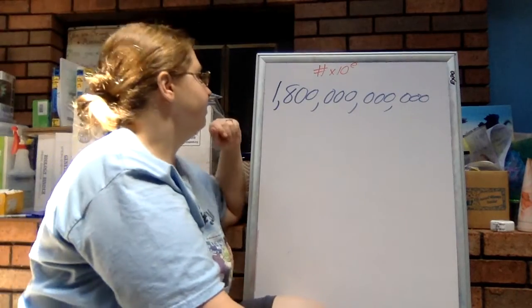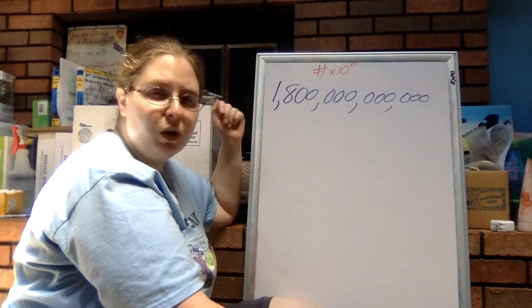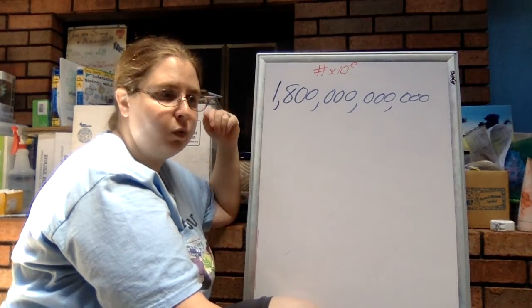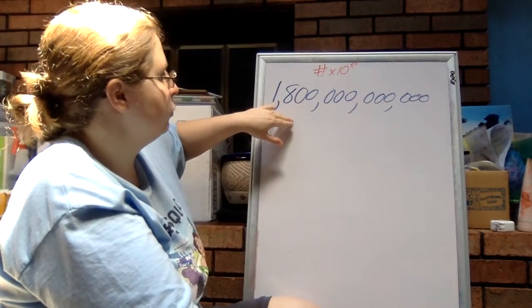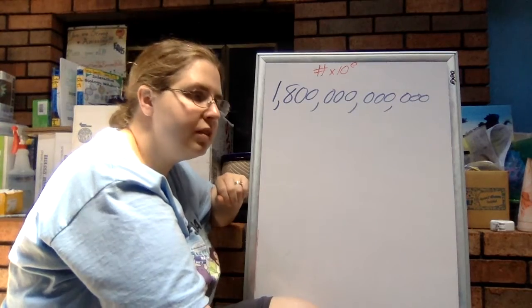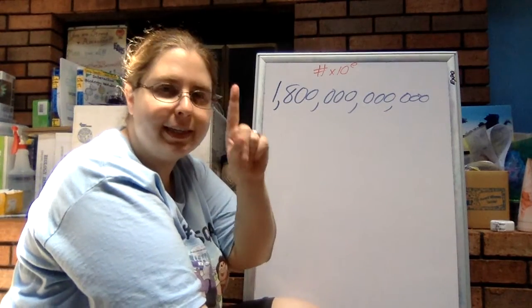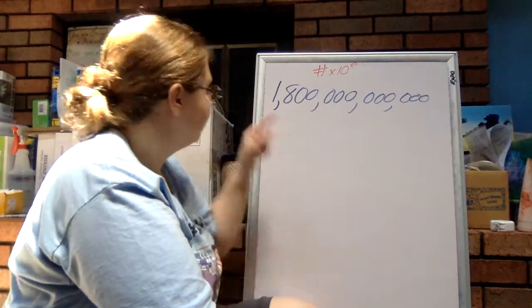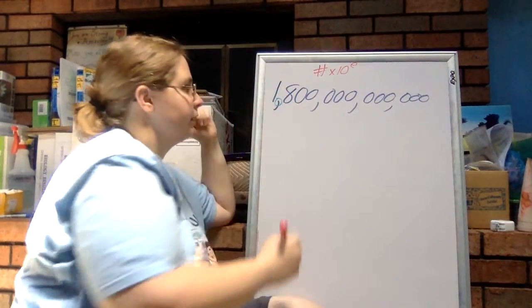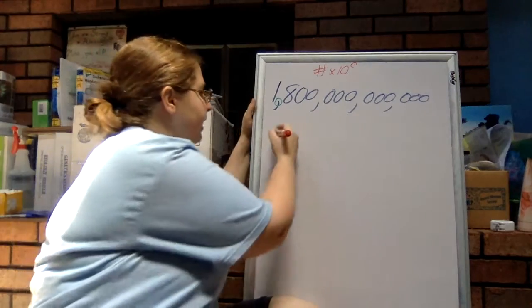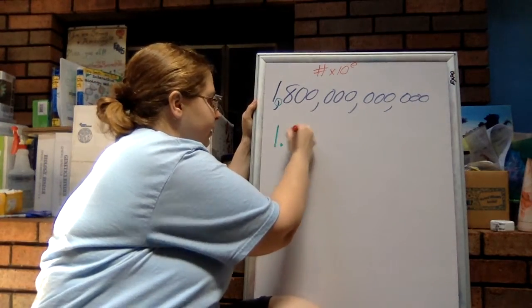Now, instead of the decimal point being after 12 or 13 numbers, I want the decimal point after just one non-zero numeral. That means I want to put it right after the 1, because when I do that, I'm left with 1.8.